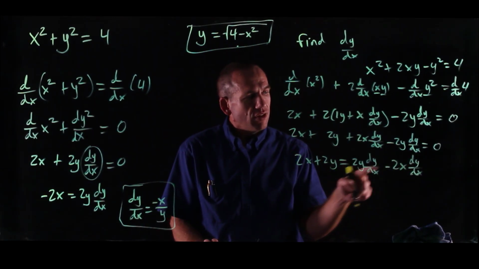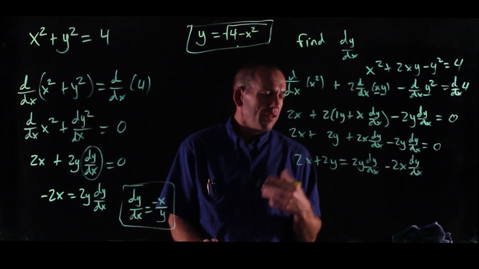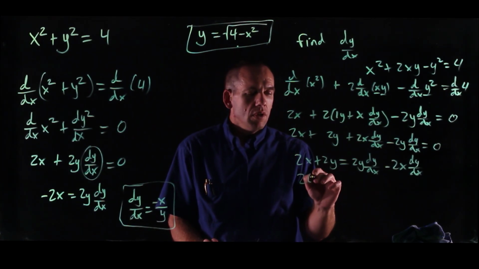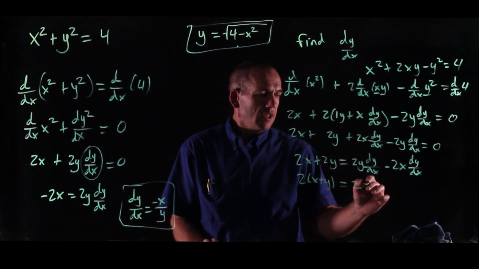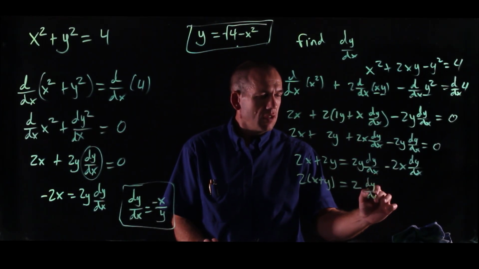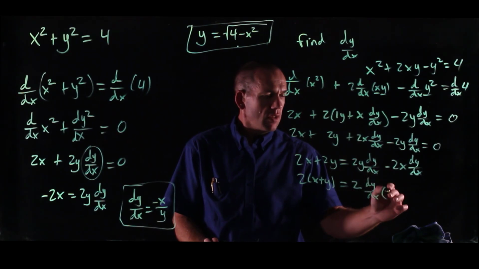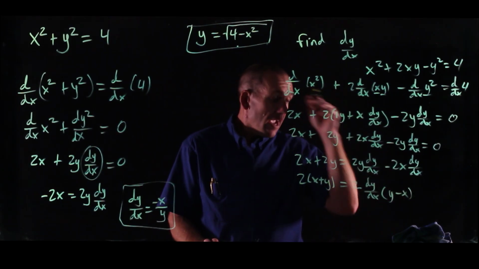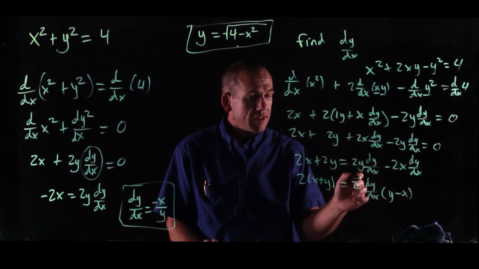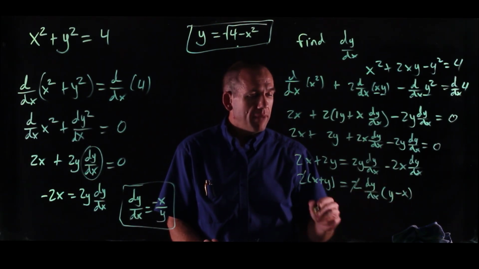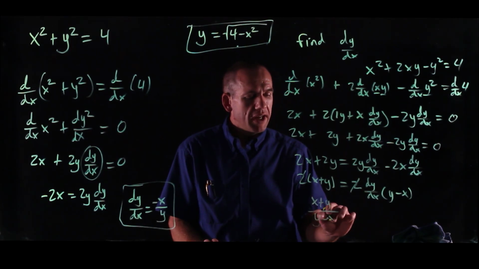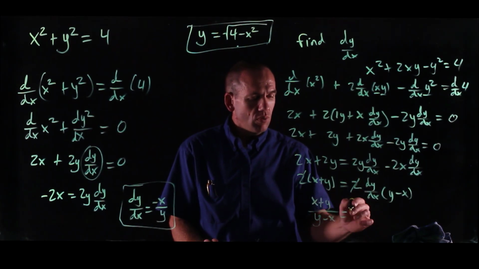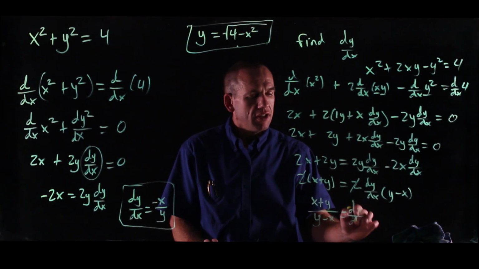And then we can factor out this dy/dx. We can factor out the 2 as well, so 2(x plus y) equals 2 dy/dx times (y minus x). Then we divide both sides by 2 and by (y minus x). So then we have (x plus y) over (y minus x) is equal to dy/dx.